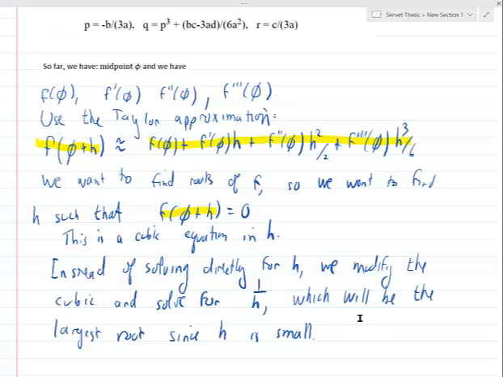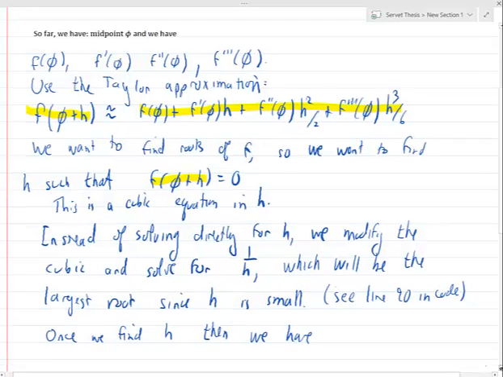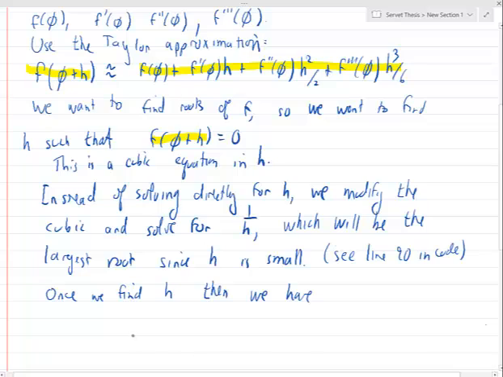Okay, so now once we find h, since h is a root, we have f of theta plus h is approximately equal to 0. So we have f of theta plus f prime of theta times h plus f double prime of theta times h squared over 2 plus f triple prime of theta times h cubed over 6. We have this equal to 0 because h is a root.